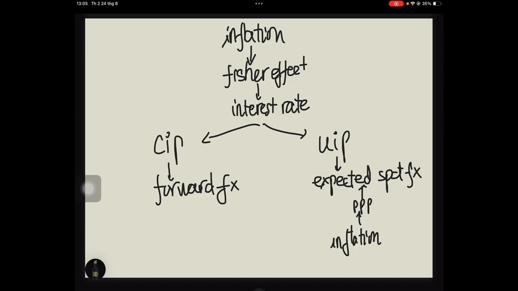And through CIP, the interest rate differential is reflected in the forward exchange rate. So one economic shock can propagate through the entire international financial system. That's why these concepts belong together.